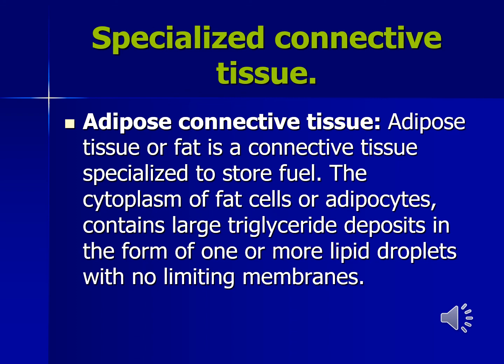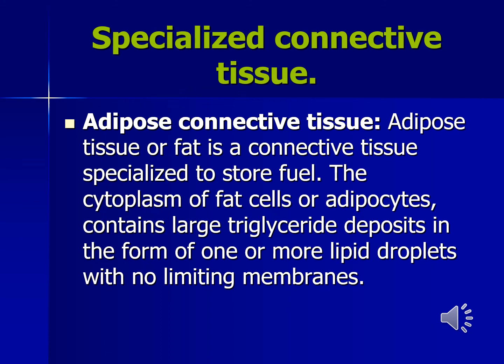Adipose connective tissue is a specialized connective tissue, and the special characteristic of adipose tissue is a very high amount of adipocytes. Adipocytes are large oval cells and include specific droplets of fat which contain mostly triglyceride.